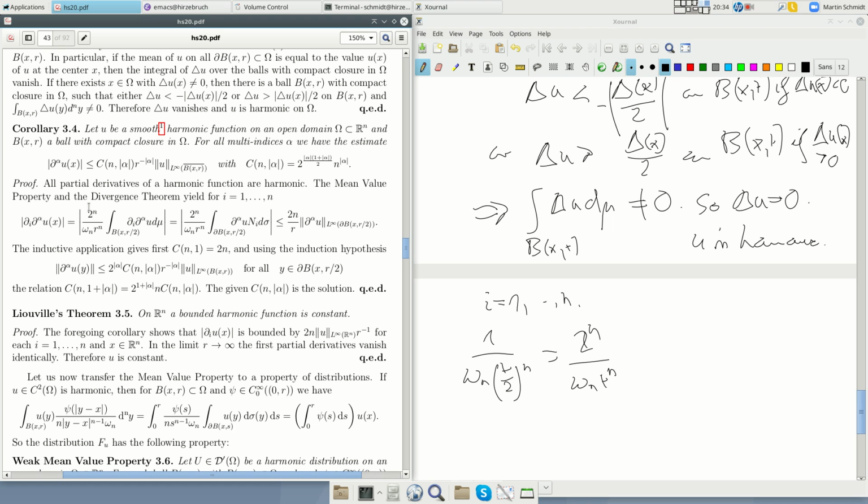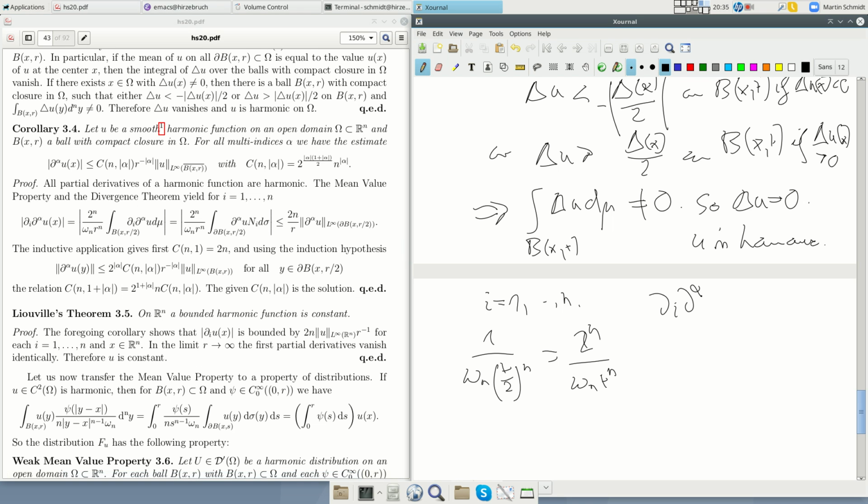Okay, and then we have this. This is by the mean value property. This is the mean over the ball with radius r half. And of course, if we have a harmonic function, then all partial derivatives, ∂^α u, are also harmonic.